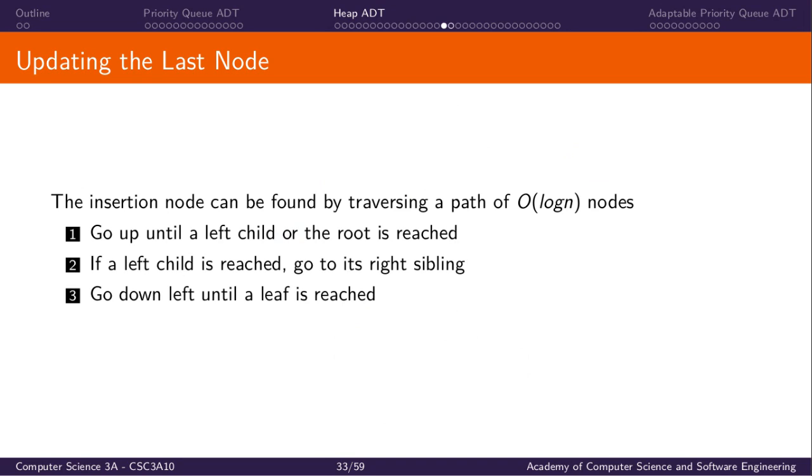But how do we update the last node? We said that we will have to update what the last node was after we remove that, or in fact, also after we insert. We have to update what the new last node is. And for doing that, we will go up until a left child or the root is reached, then go to the right sibling, then go left until a leaf is reached.